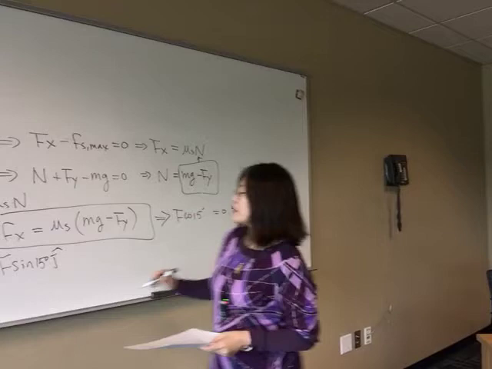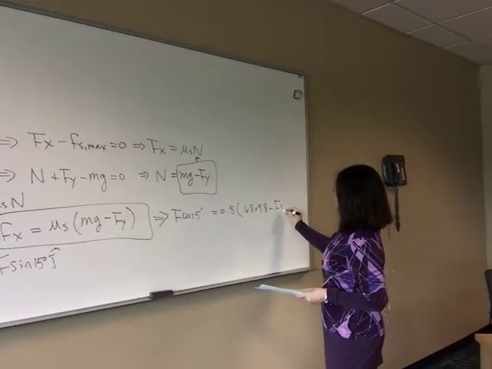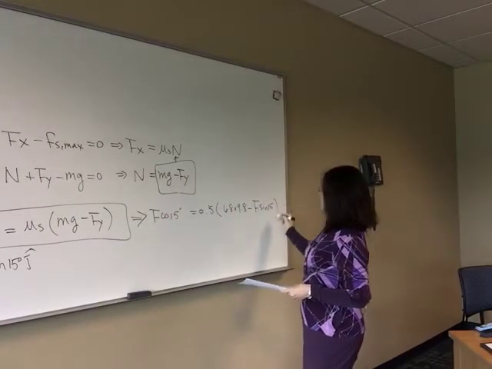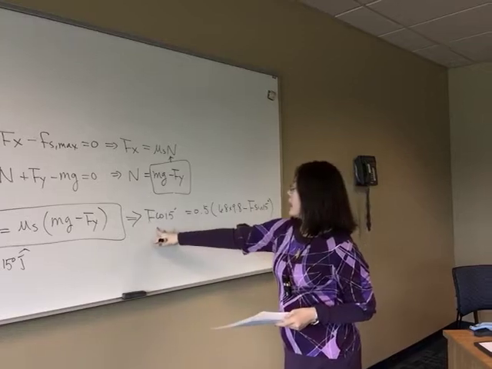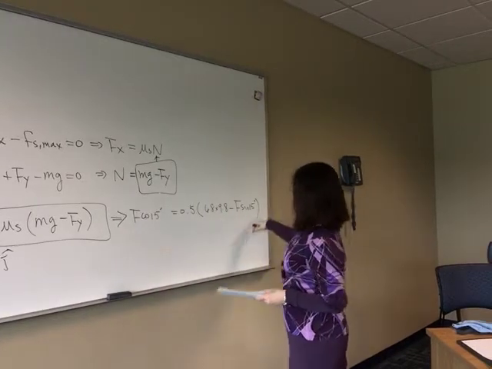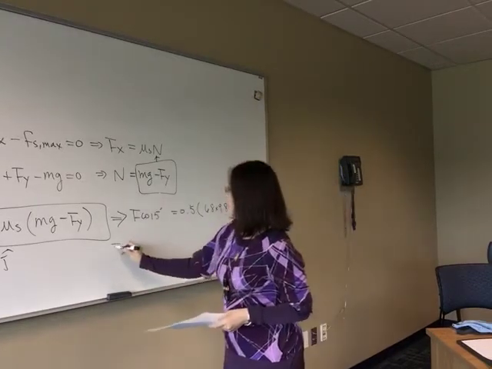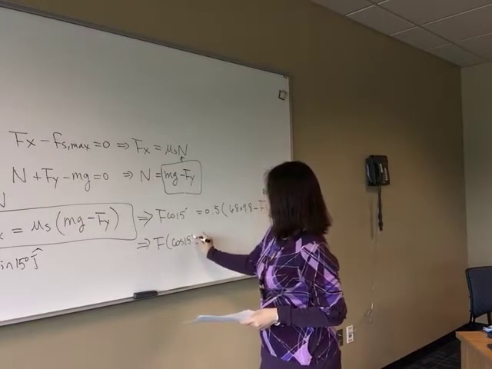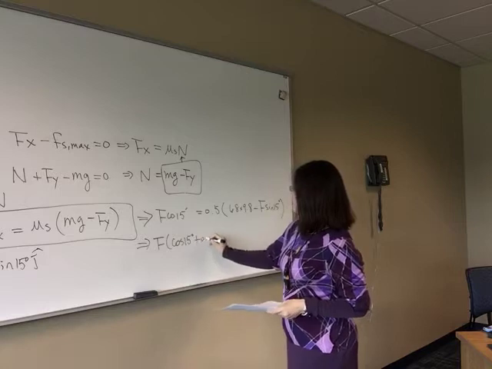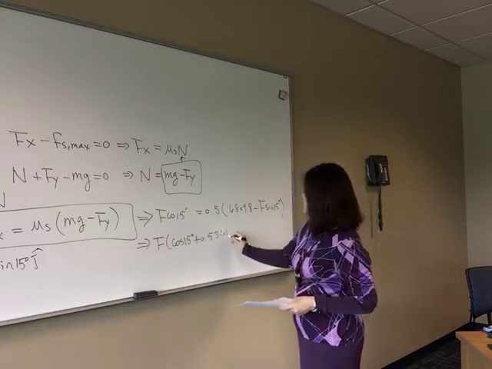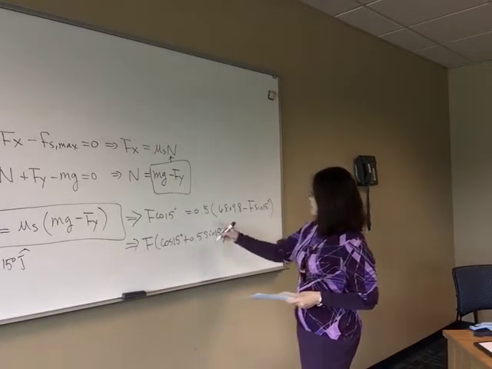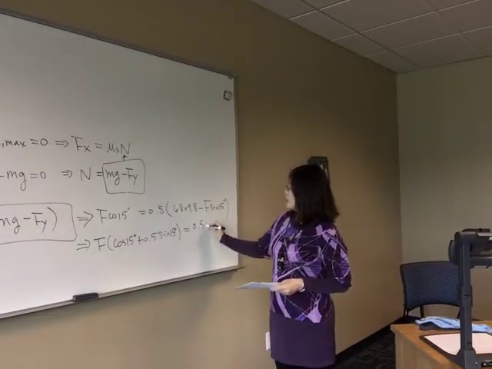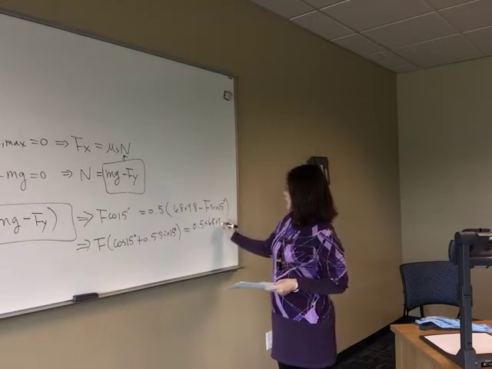Fy is F sine 15. So you can see that you have the common factor F here and there. So you can actually rearrange this. You have your F, and then cosine 15 degrees plus 0.5 times sine 15 degrees, and the whole thing is equal to 0.5 times 68 times 9.8.